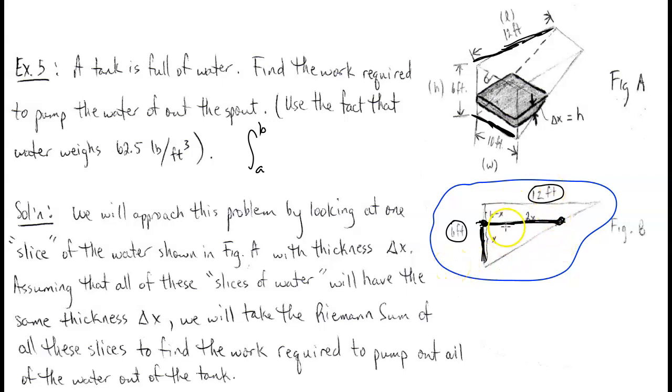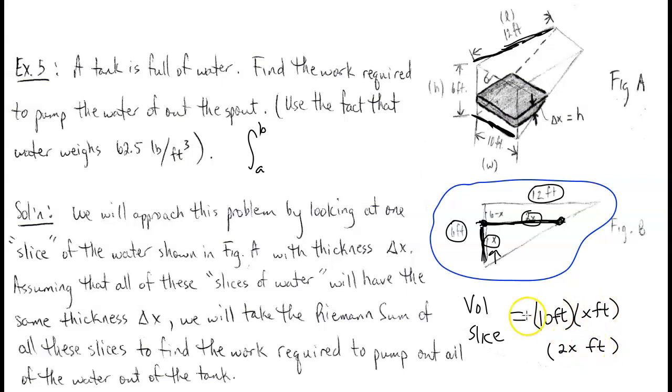So at any given time, if we are X feet above the bottom of the tank with this slice of water, then it's going to extend out this way a length of 2x. And we also know that the width of that particular water at any given time is going to be 10 feet. So needless to say, the volume of the slice is just going to be this 10 feet times X feet here, and then times, again, 2x feet here.